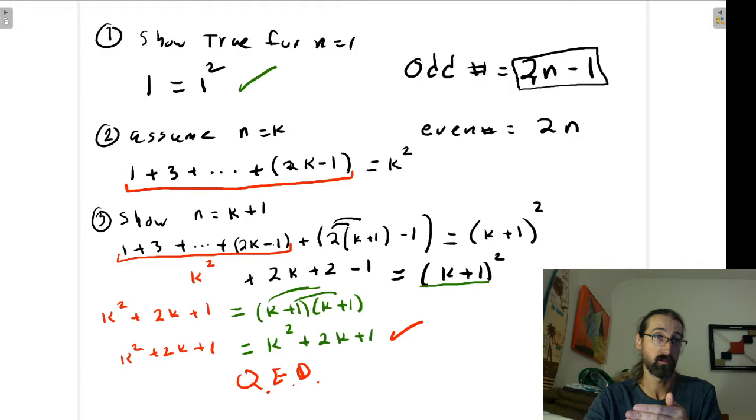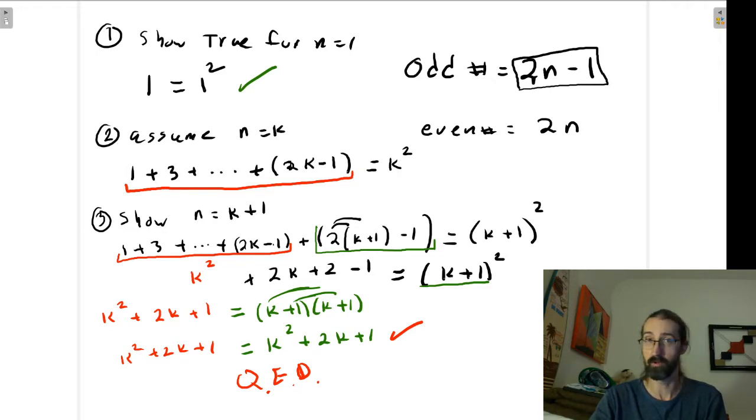That's the next odd number, and it equals k plus 1 squared, right? And we did a little bit of algebra, simplified some stuff, we show they're the same. And that's a proof by induction, right? So if you follow those 3 steps, you'll be able to do this.